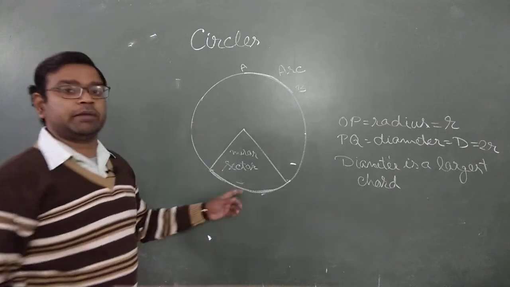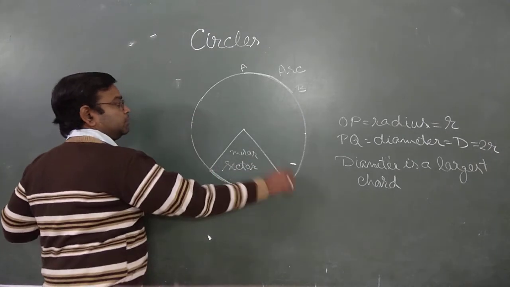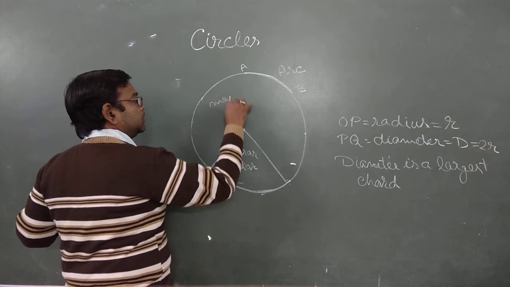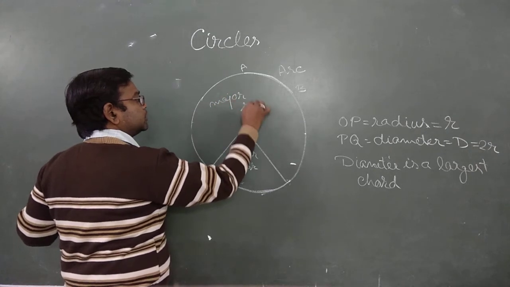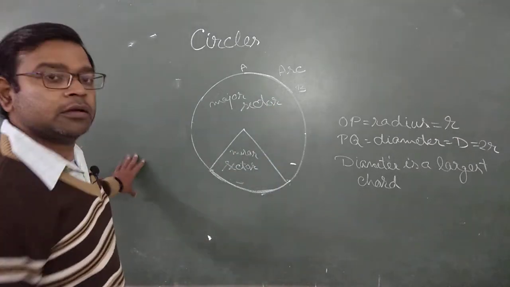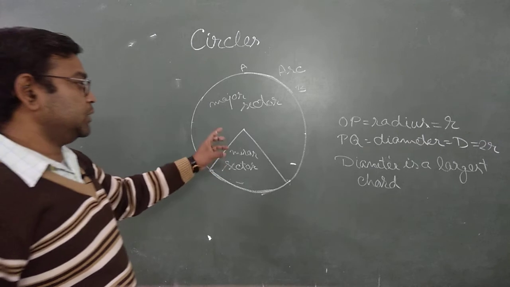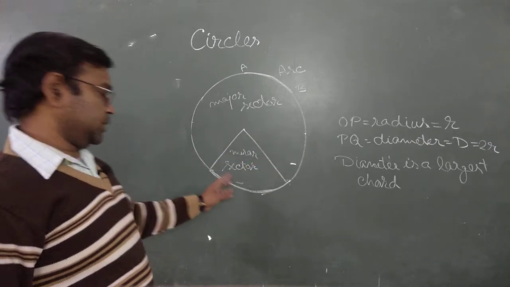Clear? This is your minor sector, and this one from here to here is a major arc, so the internal part is your major sector. Hope this thing is clear. You must know the meaning of major and minor everywhere, in case of arc, in case of segment, in case of sector.